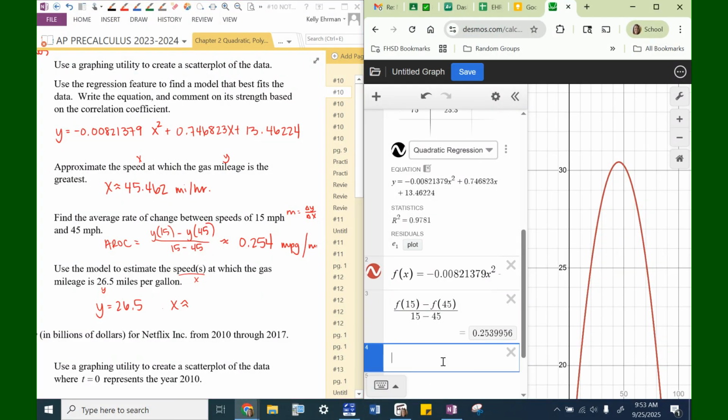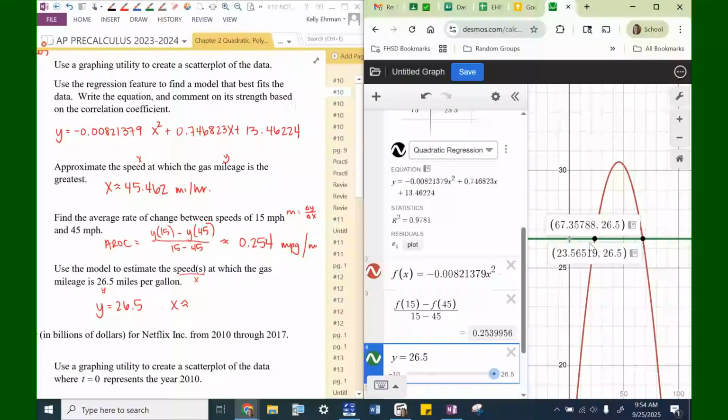The easy way to do this is you've already got f of x graphed. You can graph the line y equals 26.5, and you can solve by graphing. Solving with quadratic formula is just solving algebraically. Solving by graphing is just finding the intersection points. That's what you're solving by graphing. You're getting the same answers.